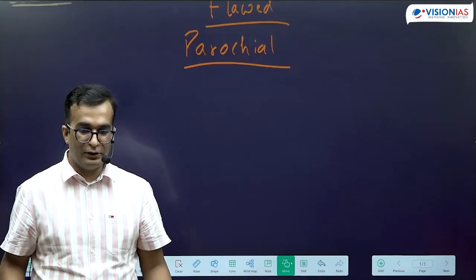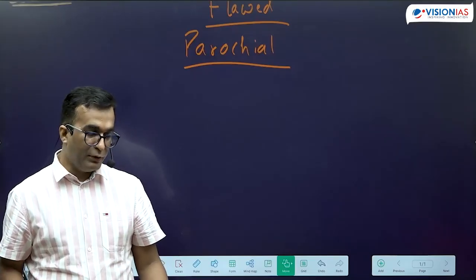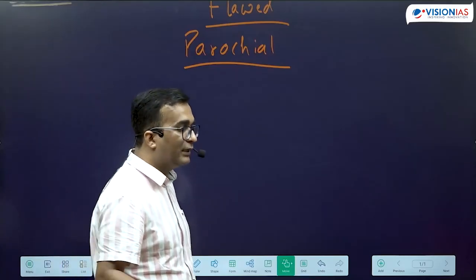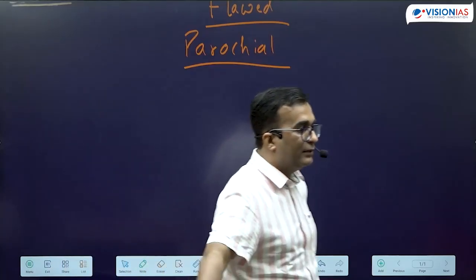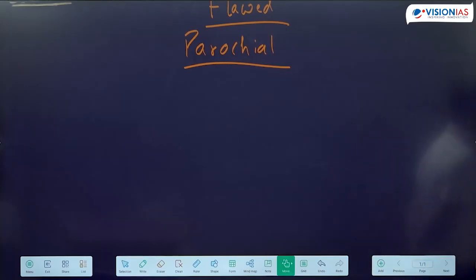Then next point: the majority of the ruling class and zamindars supported British authority.